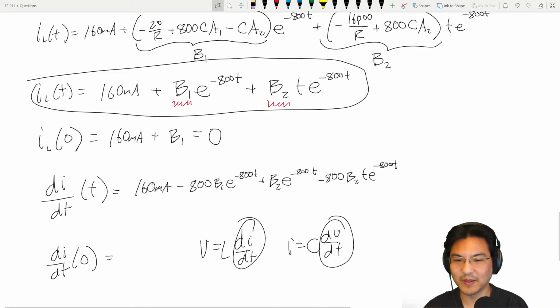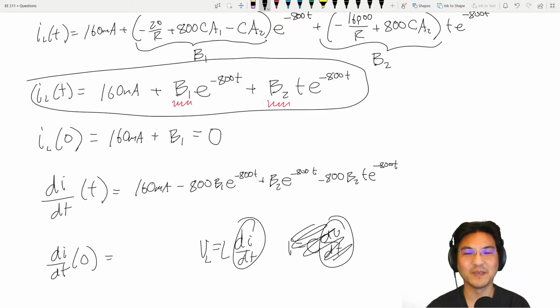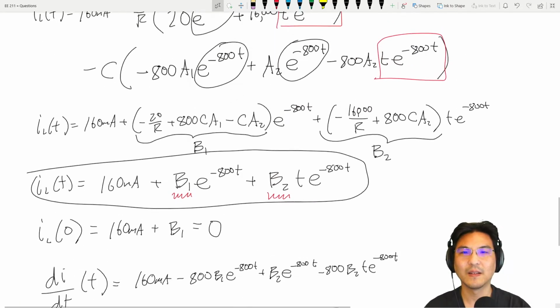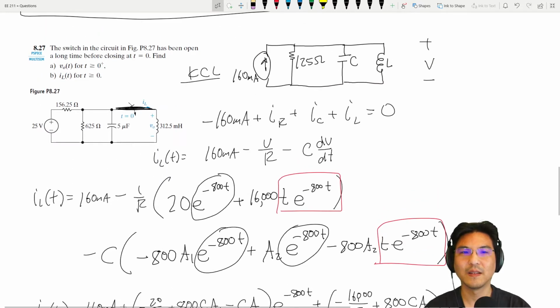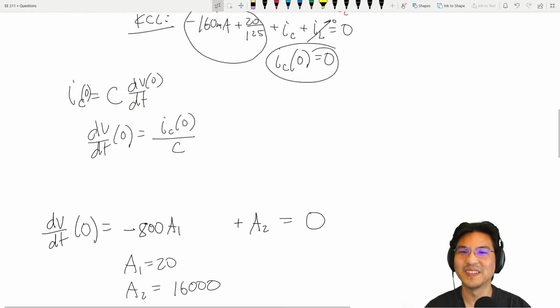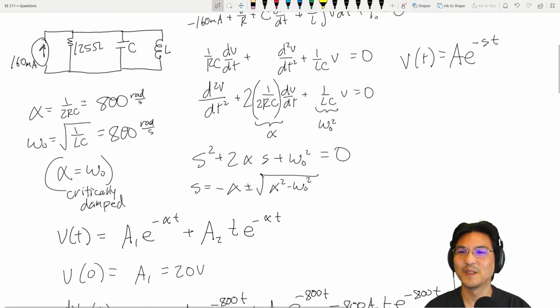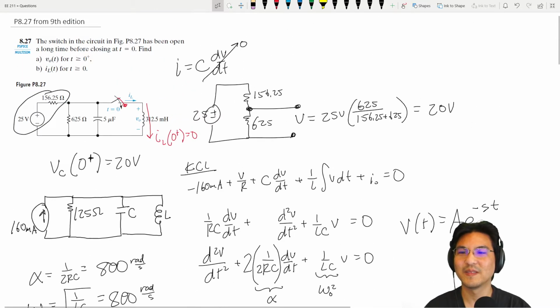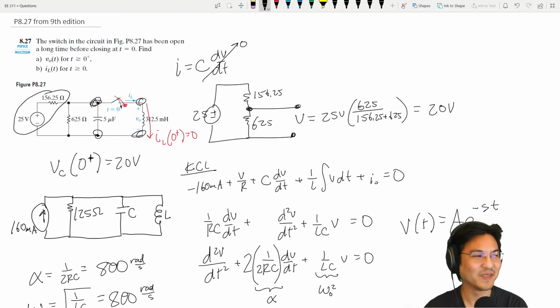Ignore this, right? We need the voltage for the inductor, which was, where is it? Oh, higher. Long problem, right? The voltage across here was 20, and these are in parallel, so 20.